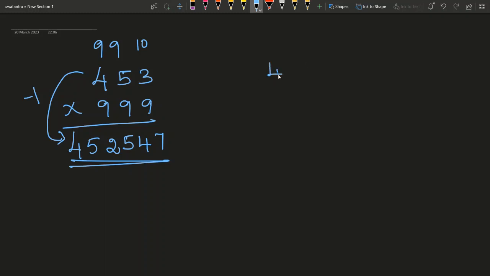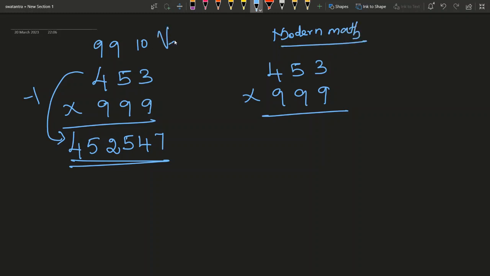So in modern math, you have to do how many steps? 4 steps. So this is modern math. And this is Vedic math. Okay, 9 3s are 27, 2, 47, 4 9s are 36, 40. The same number will be repeated.